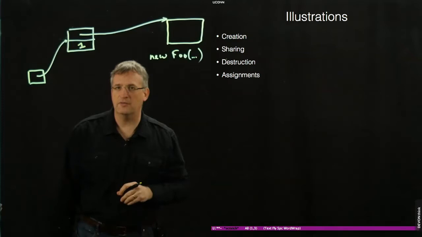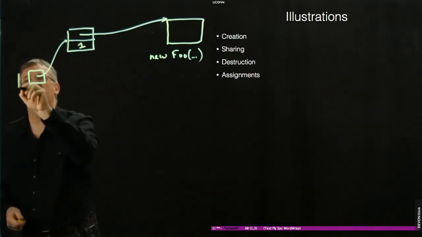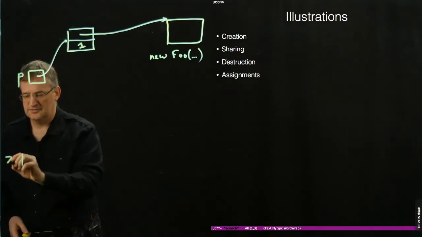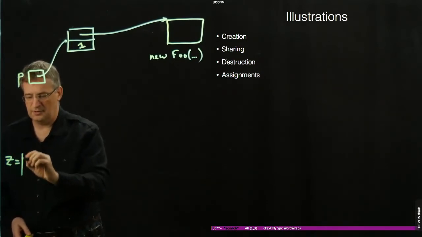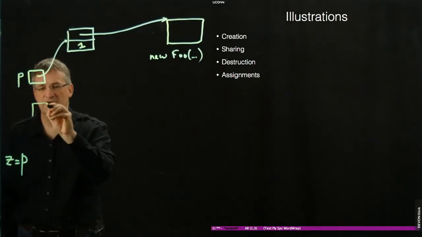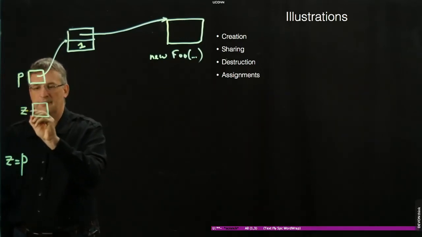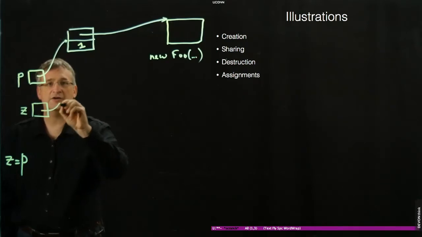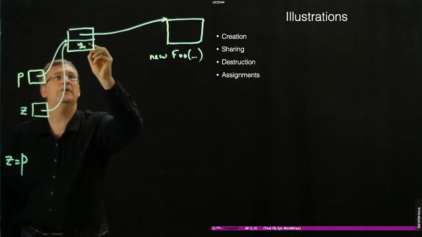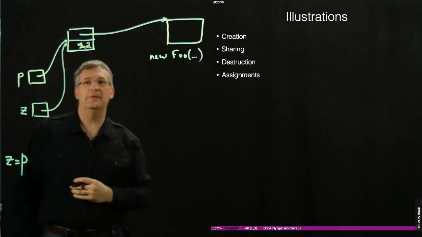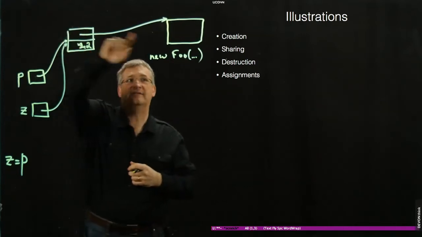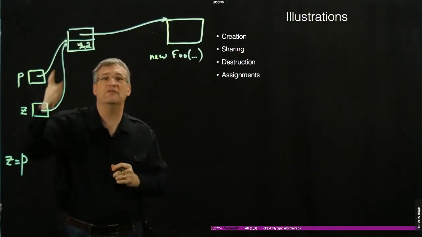Now if later on you take that guy P and you entertain the idea of doing, say, Z = P. You do an assignment. What happens in that case? Well, you get a box called Z, and Z will actually also point up here, and that counter will be upgraded to a 2, because now there are two owners of that guy. They go through that in order to get to him, but there are two of them.